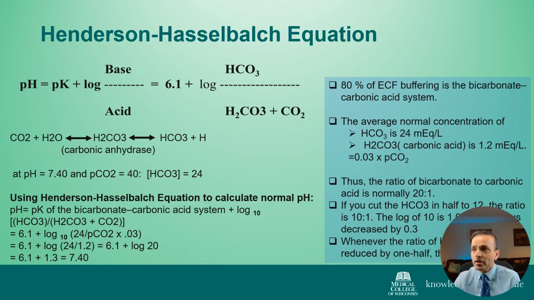Similarly, let's say bicarbonate is reduced to 12, and the acid, which is carbon dioxide, is also reduced by half. The pH will be maintained because that ratio of 20 to 1 is still maintained, and log of 20 is 1.3, which results in normal pH.